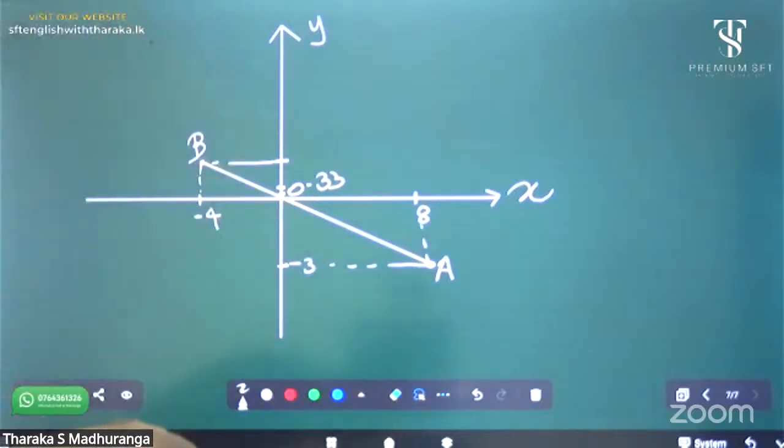Any doubts? Who corrected this? Kabir, correct? Good.